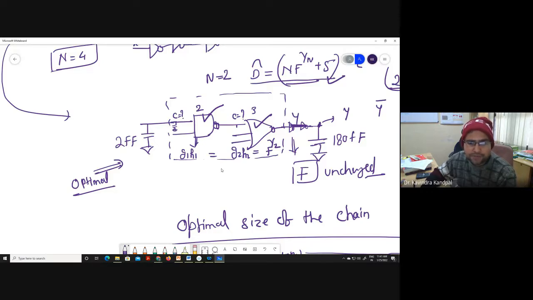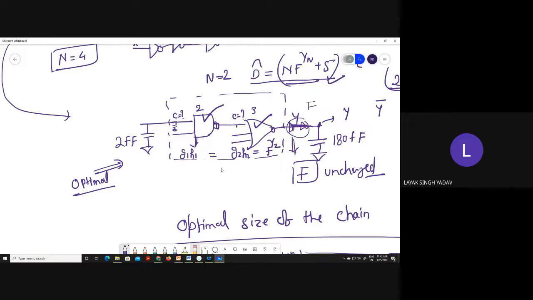I put G1 H1 equal to G2 H2 equal to F to the power 1 by 2, F to the power 1 by N. It will give you the delay D. This delay D is minimum provided that you cannot change the number of logic gates within a chain. But you also know so far from our analysis that even if you add extra inverters, it is not going to change your F, right or not?